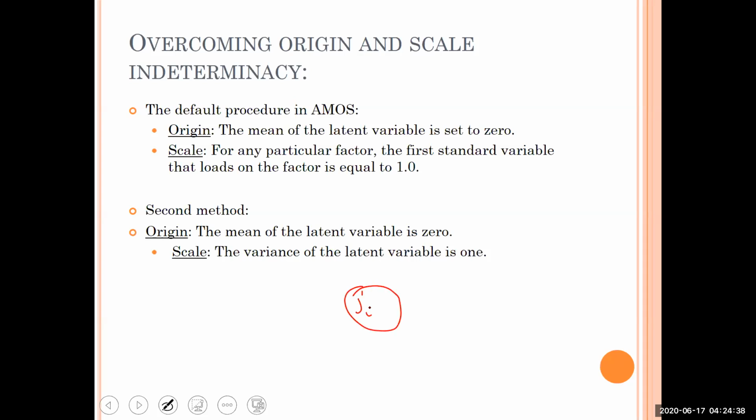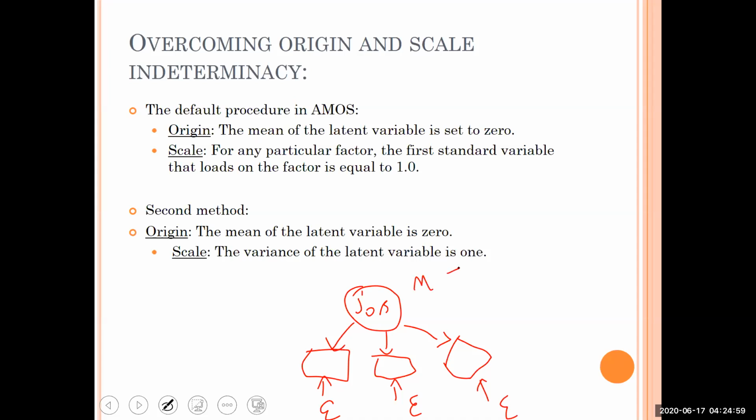So you have here job satisfaction again with 3 indicators. So we will set the mean of job satisfaction to 0.